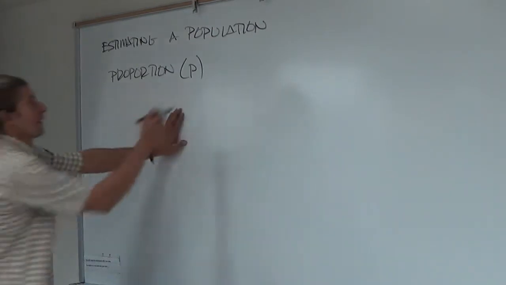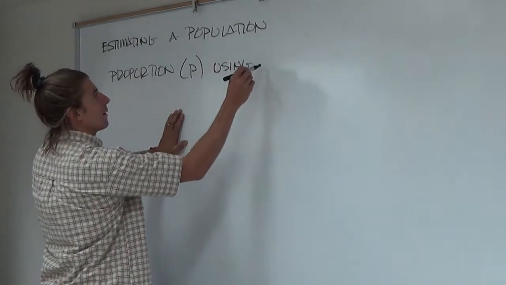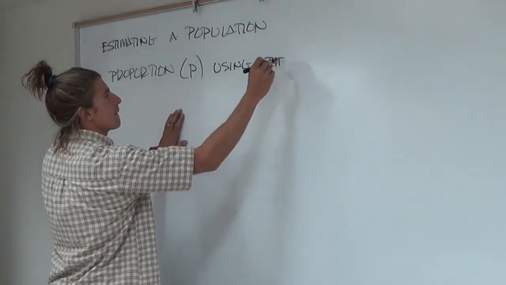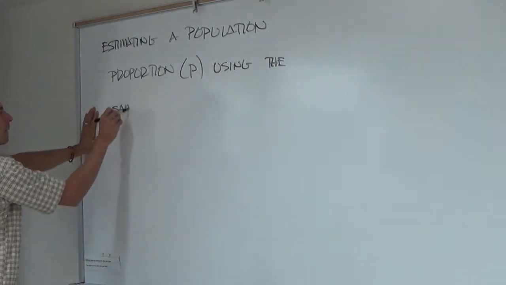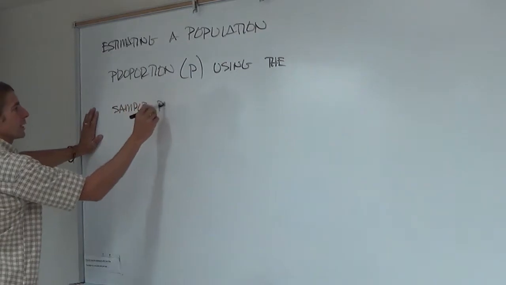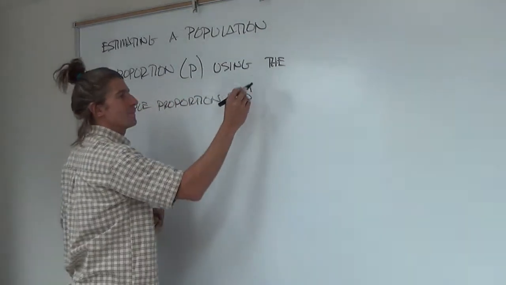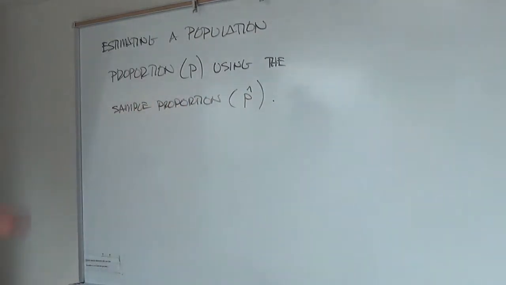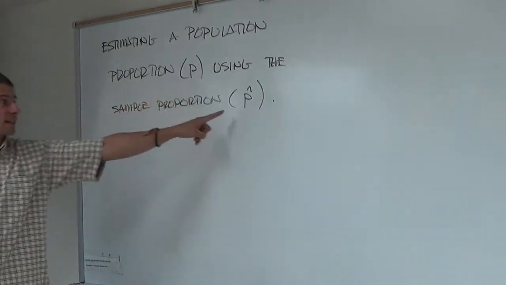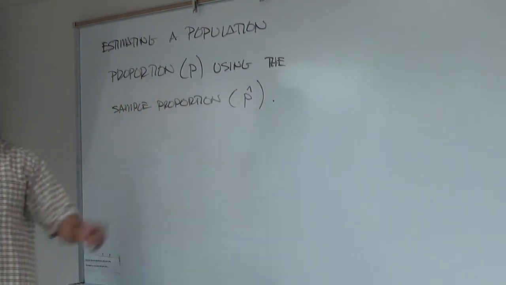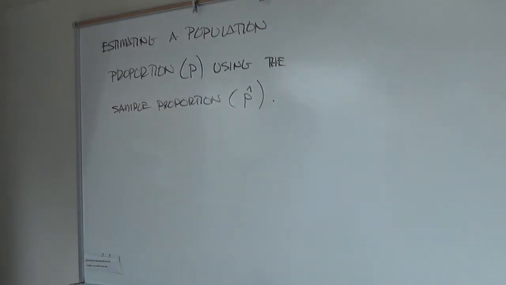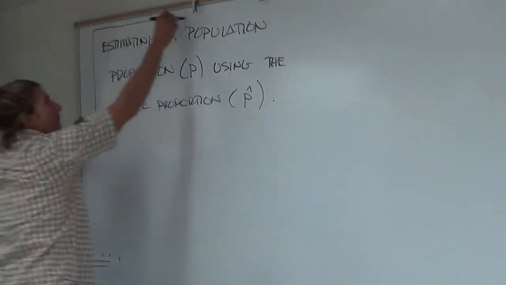But we don't know little p, we know little p hat, using the sample proportion p hat. That's the idea of today, is figuring out an estimate for that based off of the snapshot you got of the population. All you get is a snapshot. Okay, so that's our big idea.